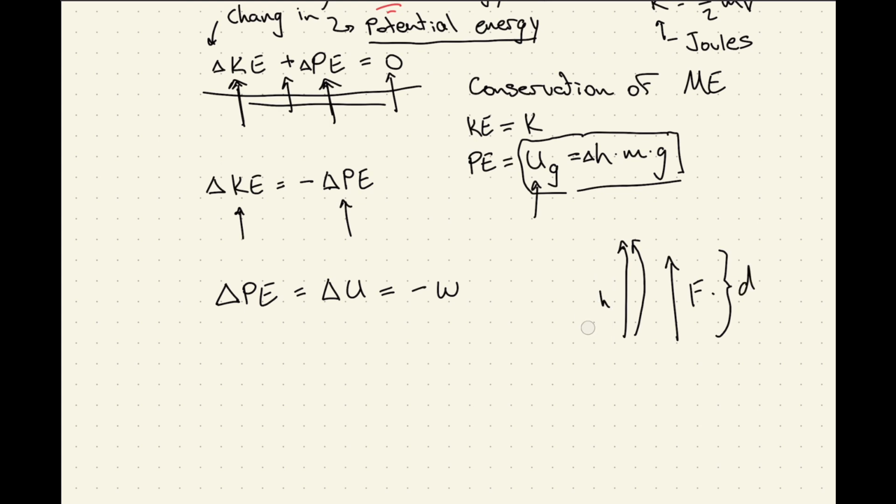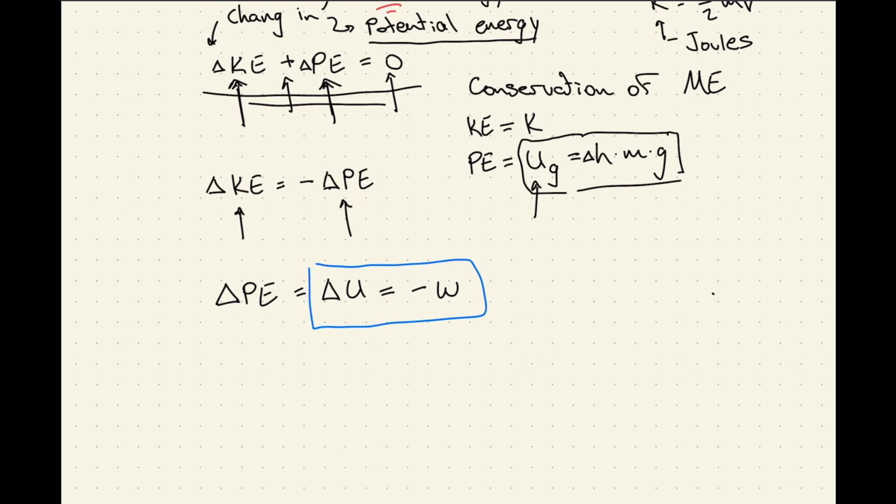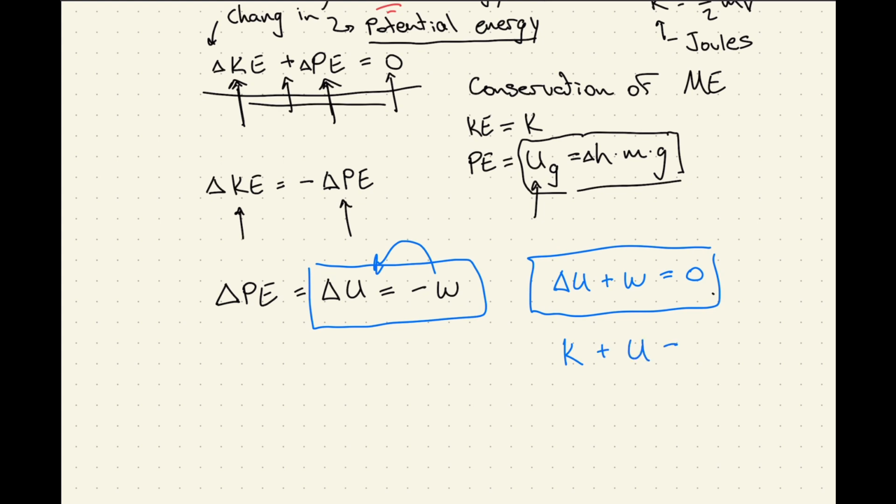So these are a couple of important equations. Here we have the change in potential energy is equal to the negative work done. Or if you bring this on this side, you can get change in potential energy plus the work done on an object gives you 0, the conservation of this potential energy work relationship. You have the same thing for kinetic energy. Kinetic energy plus potential energy gives you 0. The classical mechanical energy conservation law.